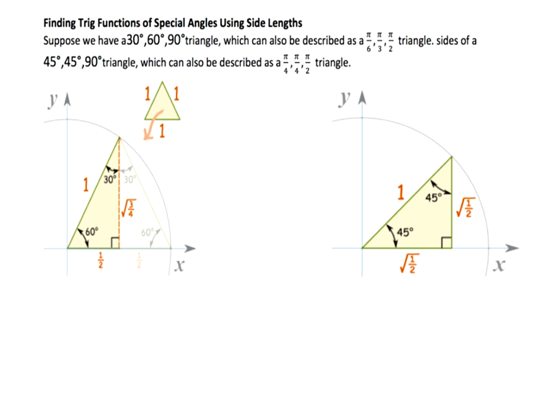All right, so now we're going to start drilling down into these special triangle relationships that we have set up with the unit circle. And that is a 30-60-90 right triangle, and a 45-45-90 right triangle.